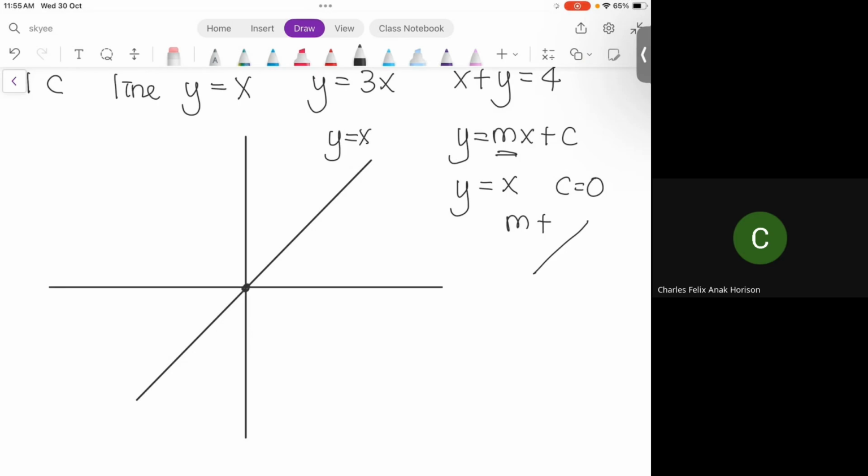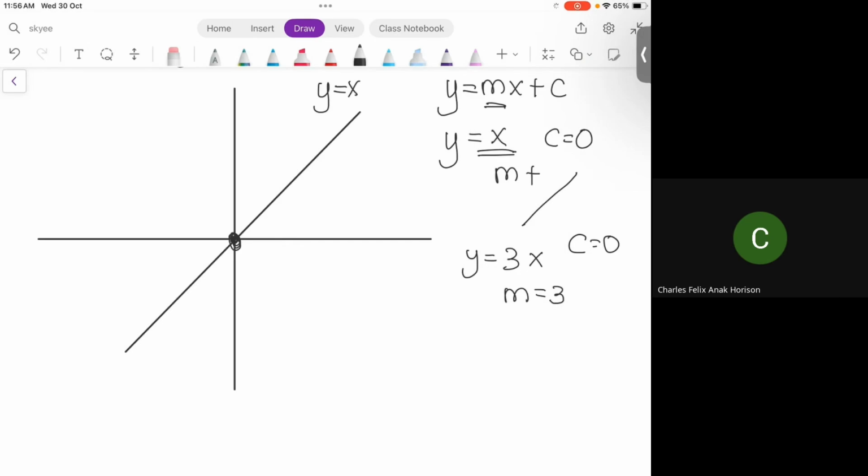Next one is y equals 3x. It is quite similar to y equals x, but with 3x, the m is 3. If you have no idea how to plot this, you can assume a point for yourself. For y equals 3x, the c is still 0, meaning it still touches the origin, but you need one more point to help you draw the line. Maybe you can give x a value of, for example, 2.